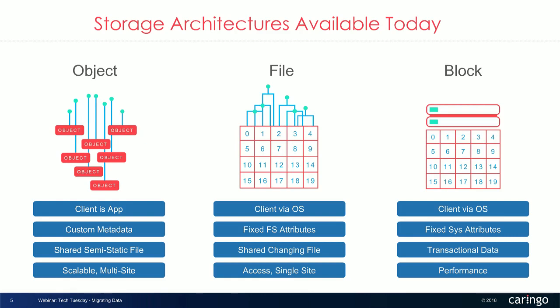And so it does create a silo in that there's no real way to share that with other applications very easily. File gets a little bit better in that now you can start to share files with other clients in the system, but you still do create a silo in that the NAS itself is a finite quantity. It fills up, and then at that point, what do you do with it?